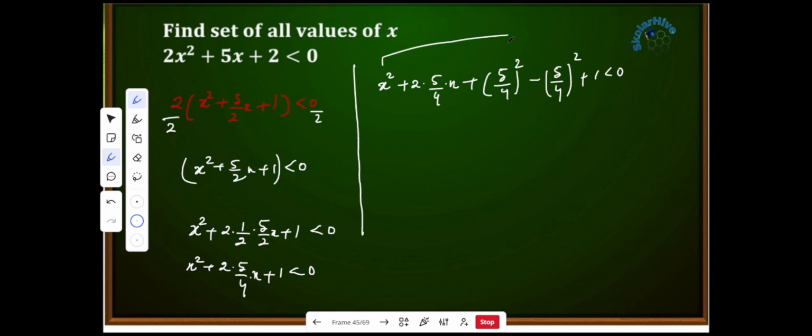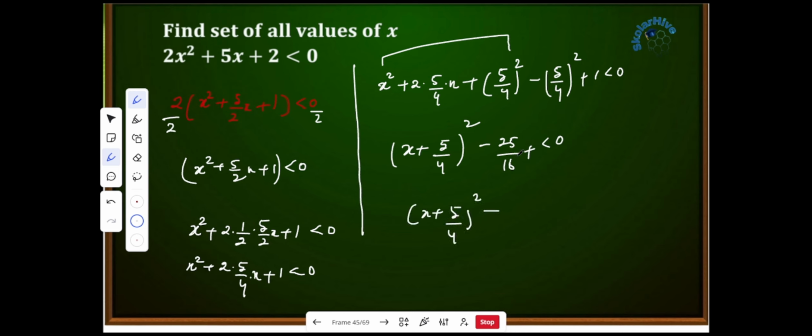So now these three terms will give us x plus 5 by 4 whole square, and by simplifying, this will become minus 25 by 16, and it is plus 1, so minus 25 by 16 plus 1 less than 0. Once we further simplify this, we'll get minus 16 plus 25, which is nothing but minus of 9 by 16, which is less than 0.